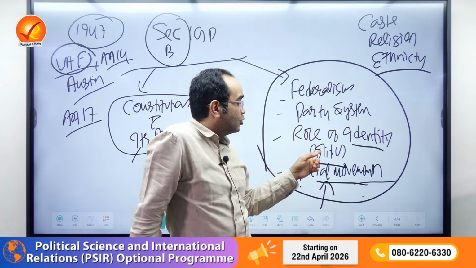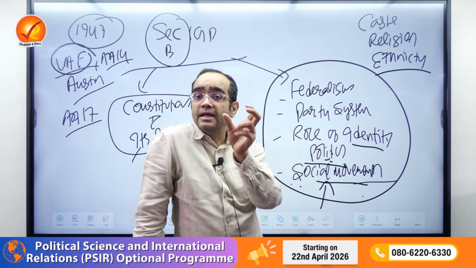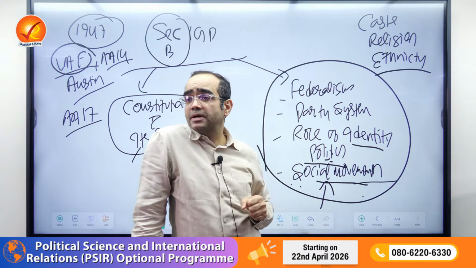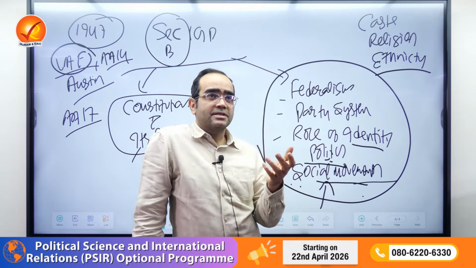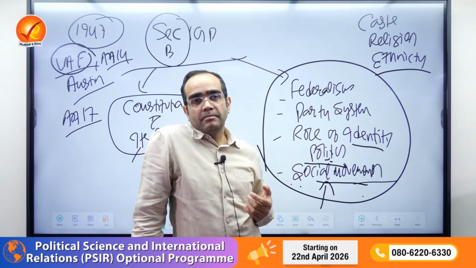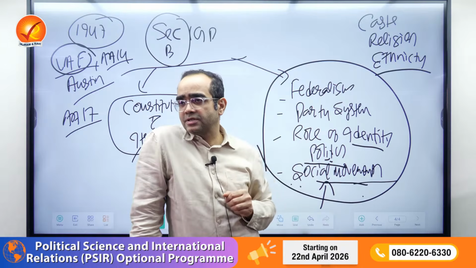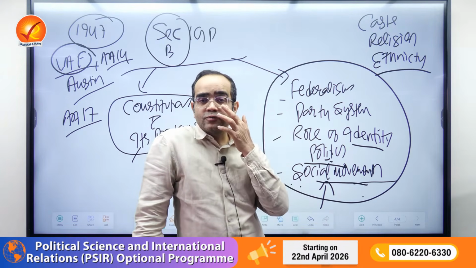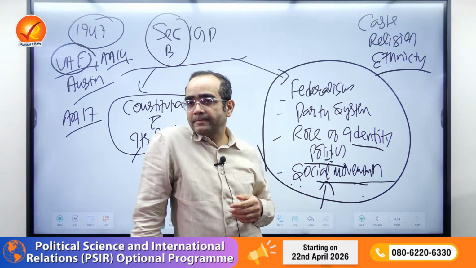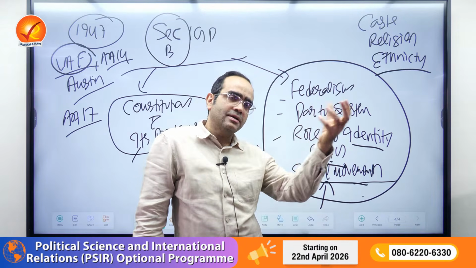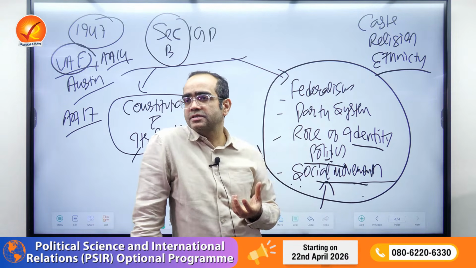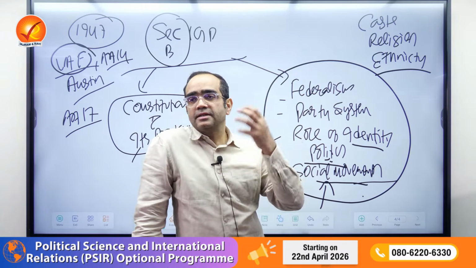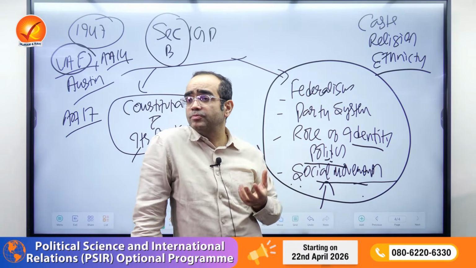And that is where the role of identity politics comes in. Women have become a crucial vote bank for the political parties. You can see how in the Maharashtra elections, the Ladli Bahin Yojana played a very important role in getting votes for the current government. Similarly, in Jharkhand, a similar cash incentive scheme was given to women, and that played an instrumental role in bringing the JMM government back to power.